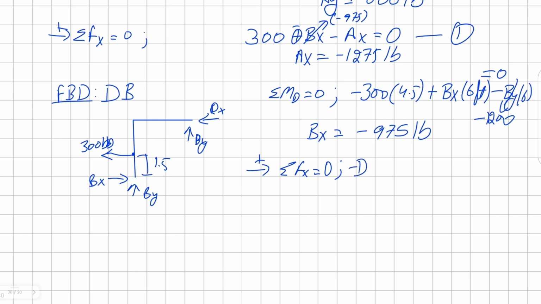We have negative horizontal component at D, and we have positive horizontal component at B. That's going to be negative 975, and then we have negative 300 pound tension pull 1.5 feet away from B, all equals to 0.